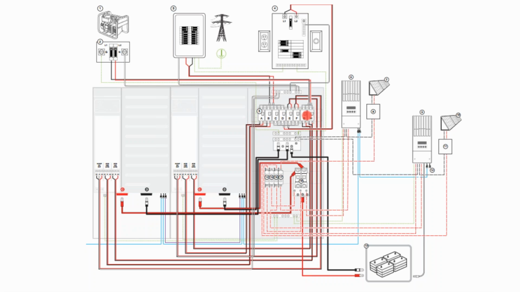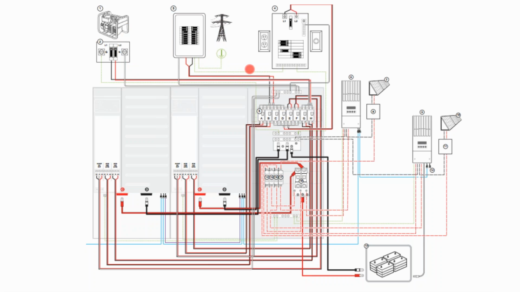and landing on our AC service panel. What's pictured here is the AC service panel that can be fed by the inverters or by a backup generator. We have two service panels here.